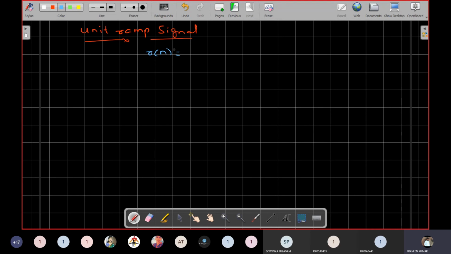The unit ramp is simply the signal which has slope 1, where the amplitude is equal to the time for positive time, and it is 0 for negative time. And you know the graphical representation, how it will be.